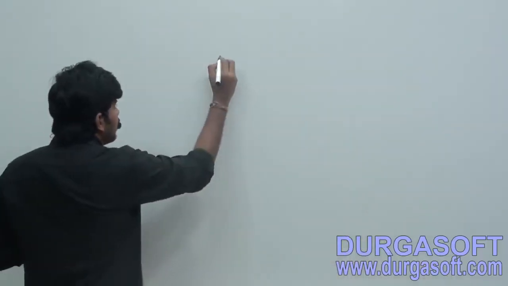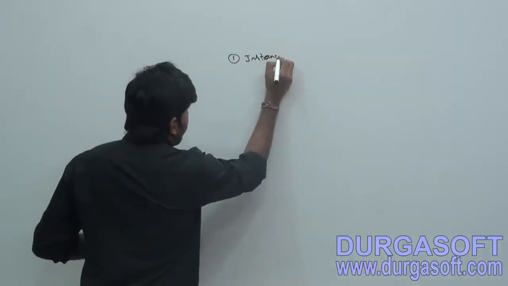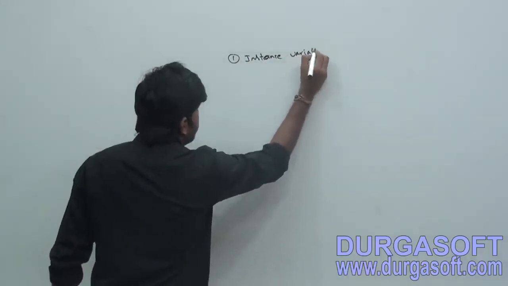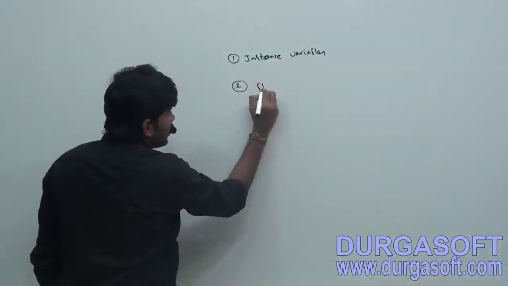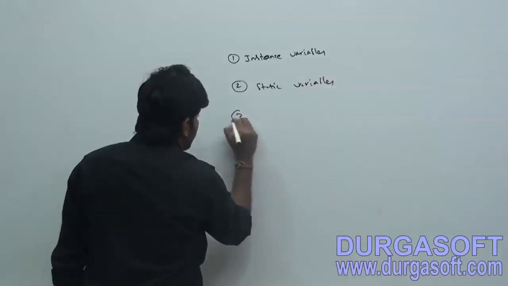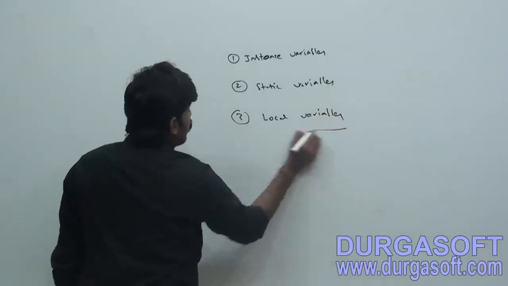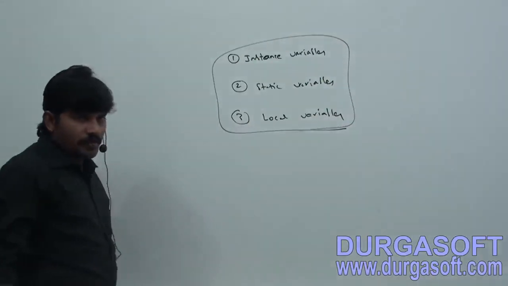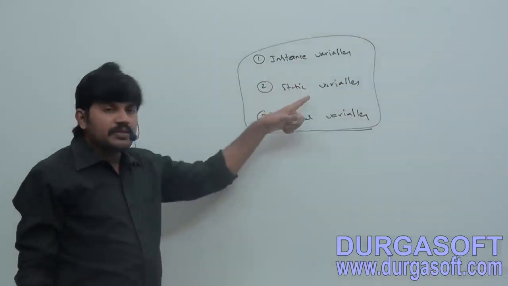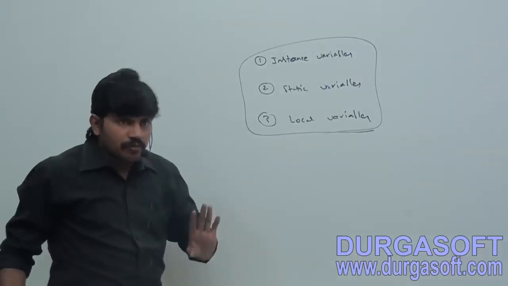What is the first one? Instance variables. The second one, static variables. The third one, local variables. Now this division is a very important division for the entire room, even for day-to-day programming also.